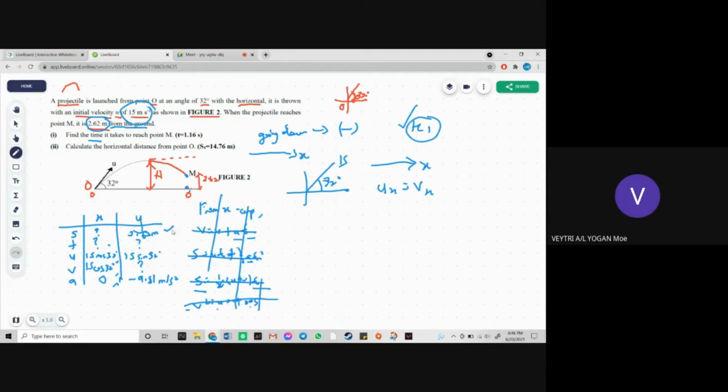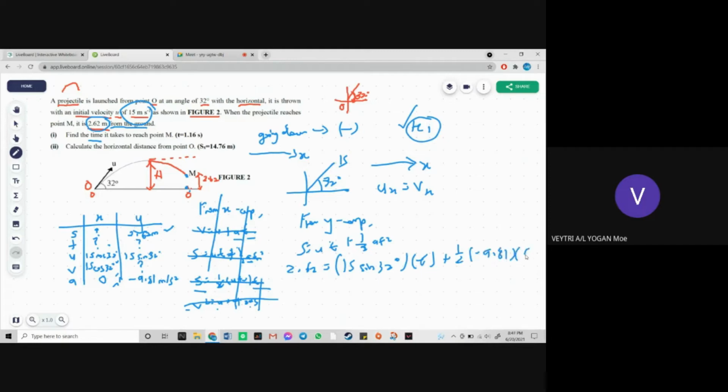So now, okay, you can write from Y component. Let's try the formula S equals to UT plus 1 over 2 AT square. S ada 2.62. U ada 15 sin 32 degrees. T kena cari. Plus 1 over 2, it's a value. A ada negative 9.81 meter per second square.